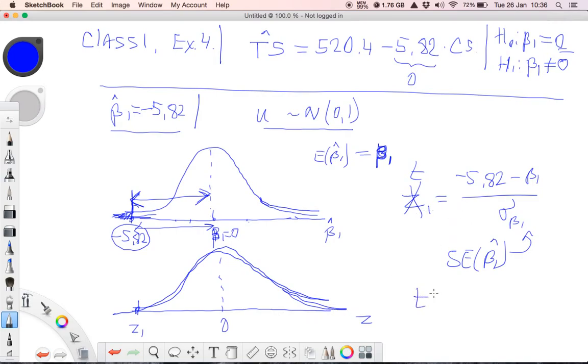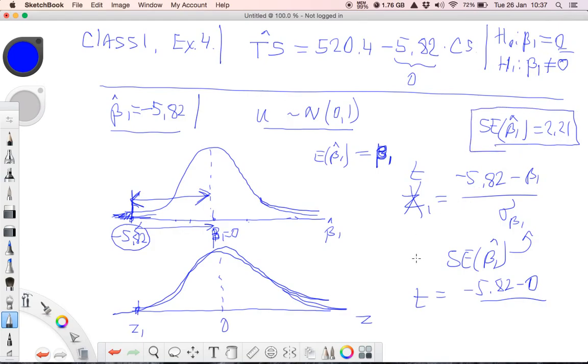So t equals minus 5.82 minus 0, this is the beta 1 I hypothesize, over the standard error of the regression coefficient. This is given in your problem set, and it is 2.21. I just didn't put it earlier when I stated the exercise. So this is 2.21.